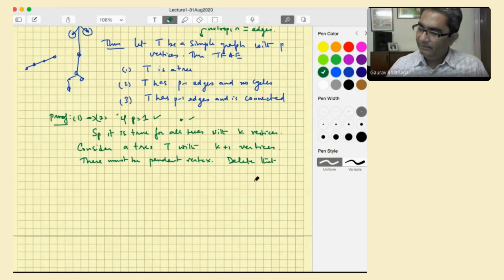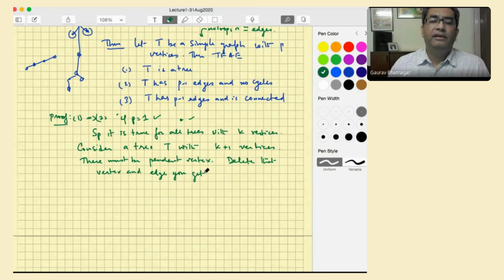Delete that vertex and the edge, and you get a tree with k vertices, which must have k minus 1 edges by induction.